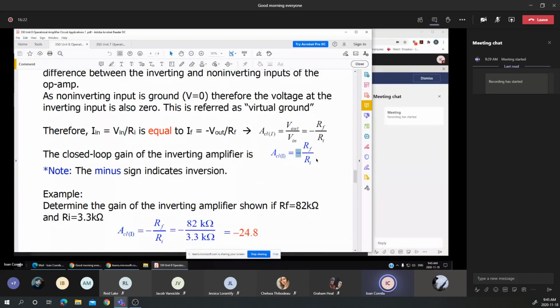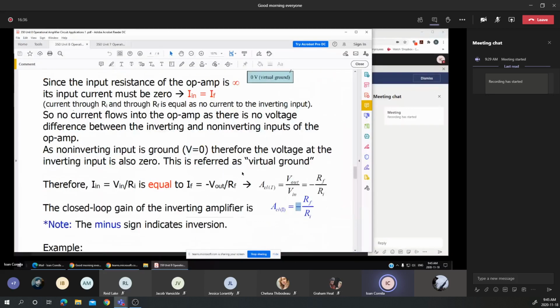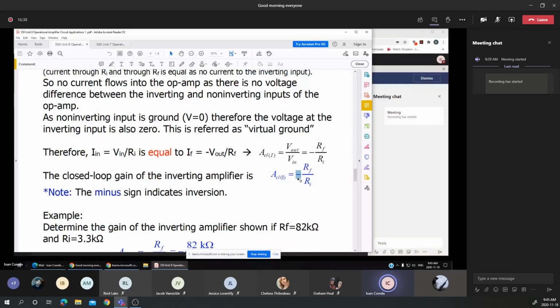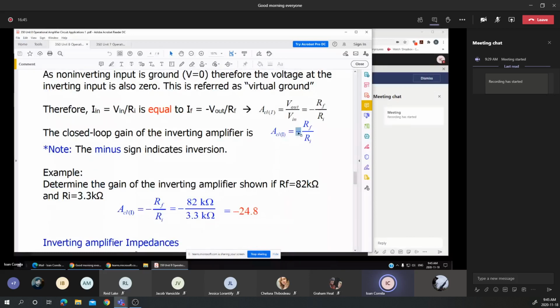Remember that we have that negative sign because the current flows in the opposite direction, as the inverting input is the same as 0 volts, the virtual ground. That's why you have that negative sign in front of RF over Ri. The meaning of that negative sign is very important to understand.